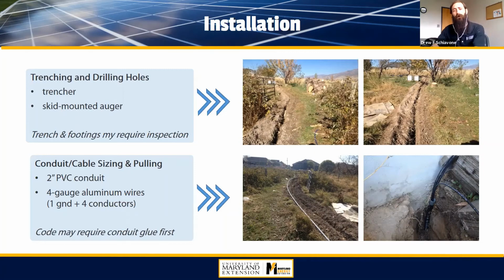And especially when we start talking about the electrical work, you have to be a master electrician to tie into the grid. That's required by law. So there's going to be parts of this that you may be able to do yourself, parts you may not. And even if you contract all this work out, you still have an idea of what's to be expected through the process and what you're going to be responsible for, what the contractor is going to be responsible for. But going back to the example, the trench has been dug.